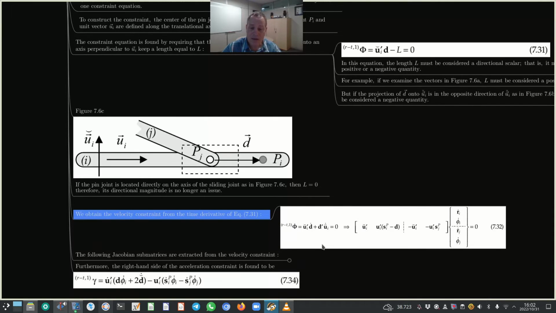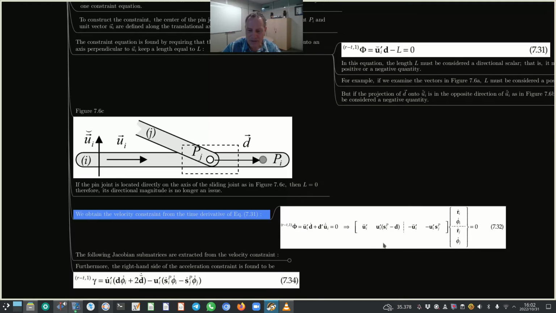And if you are wondering about how this was derived, you're welcome to refer to chapter 2 in Prof. Nikravesh's textbook. Okay, the important thing is the right hand side of equation 732, and specifically these terms over here, because these terms are the components of the Jacobian submatrices, or these are the two Jacobian submatrices.